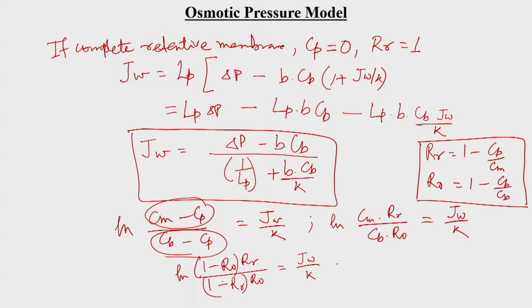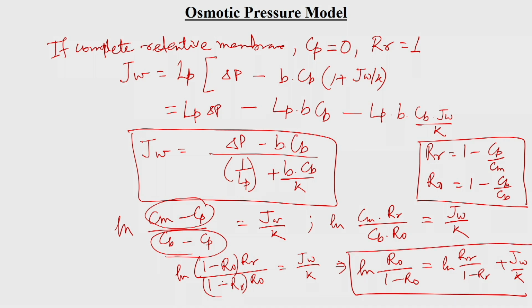Okay. So from here we can say ln Ro by 1 minus Ro is equal to ln Rr by 1 minus Rr plus Jw by k.